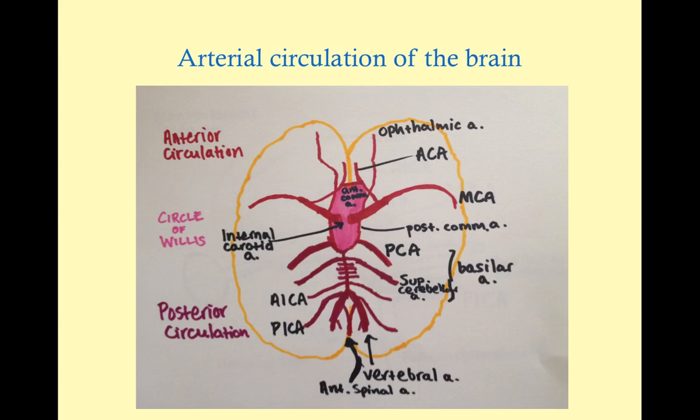and then it splits to form the posterior communicating artery, and that gives off your posterior cerebral artery, and it communicates with the posterior communicating artery that the internal carotid artery gave us. So we get blood from both sides, posteriorly and anteriorly, but they're communicating through this posterior communicating artery and the anterior communicating artery, which connects the circulation from left to right.